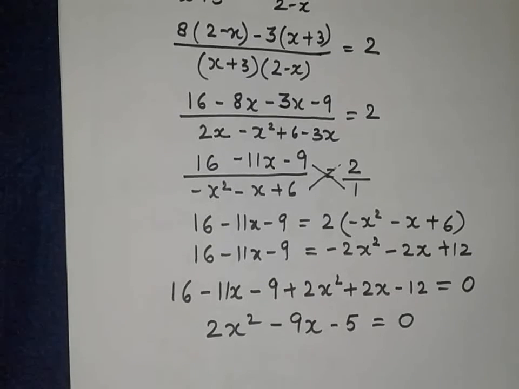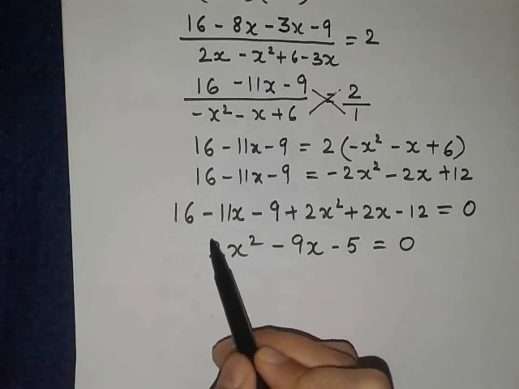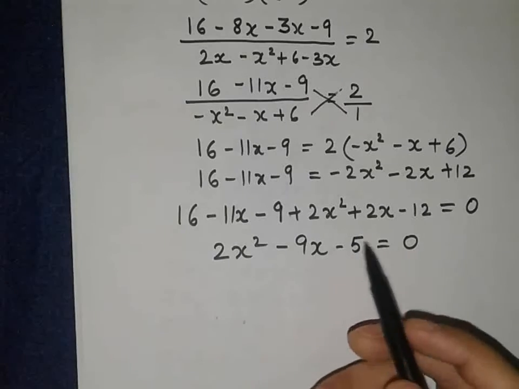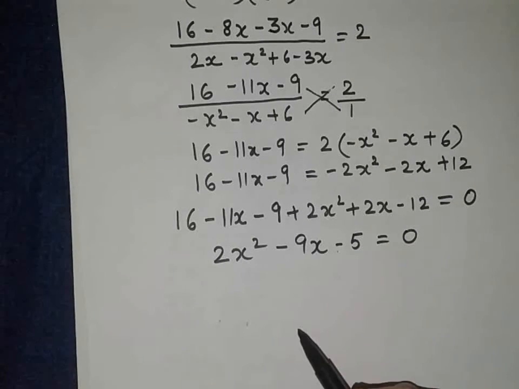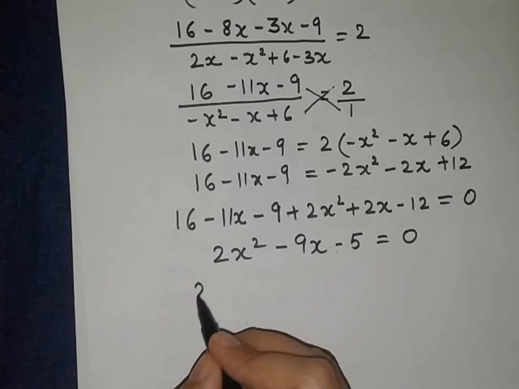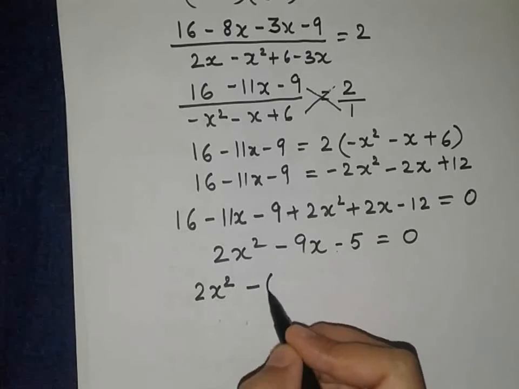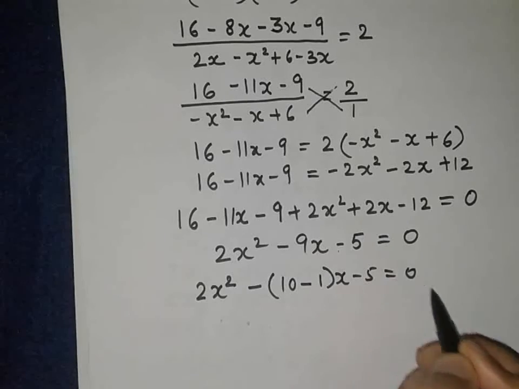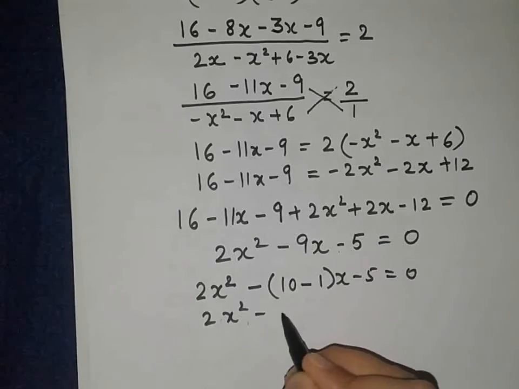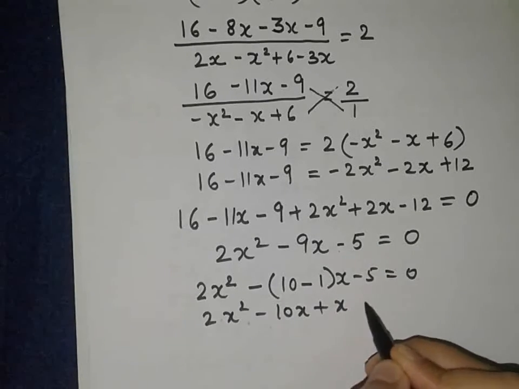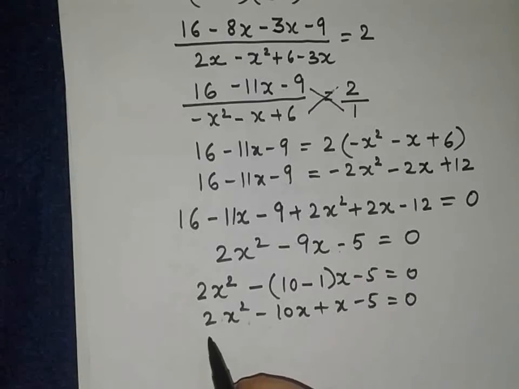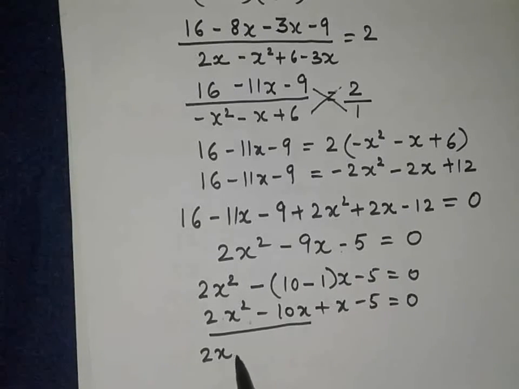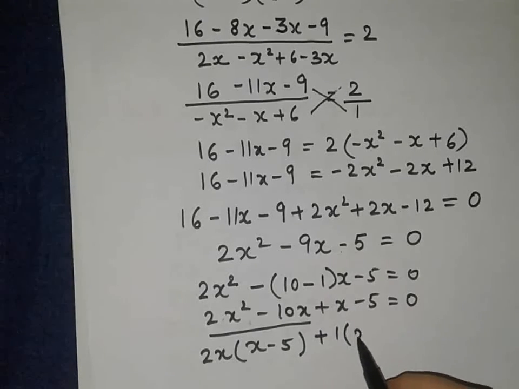Again, factorize the given expression. How do you factorize? 2 fives are 10, means factors of 10 so that their difference should be 9. Means 10 and 1 will be taken. 2x square minus 10x plus x minus 5 is equal to 0. In these two terms, 2x is common. What is left? x minus 5, and plus 1 times x minus 5.